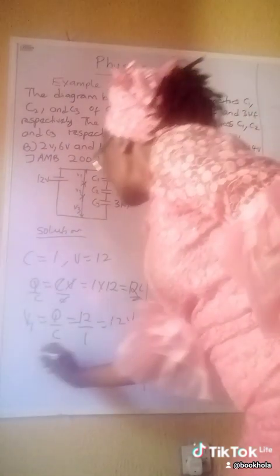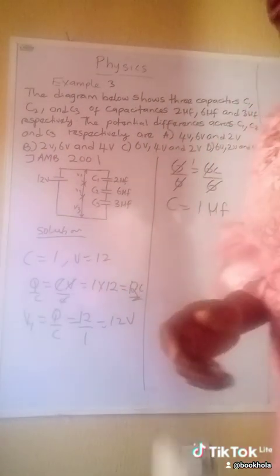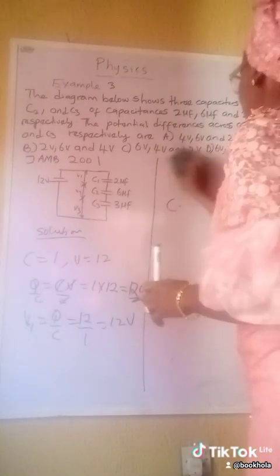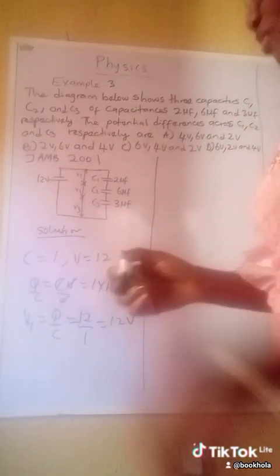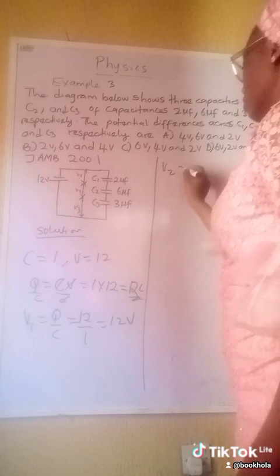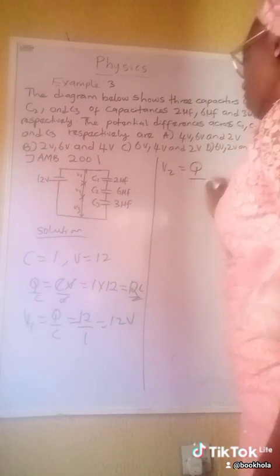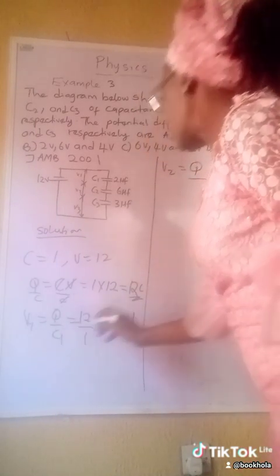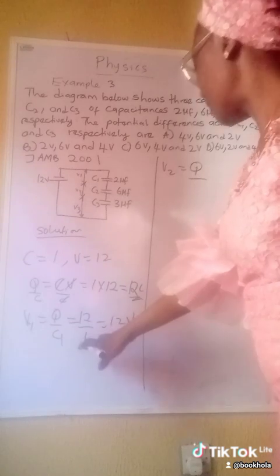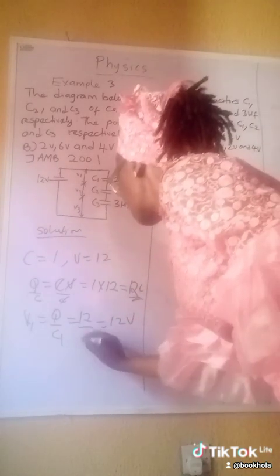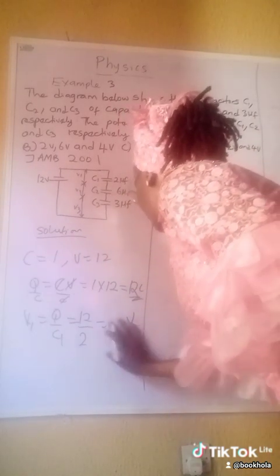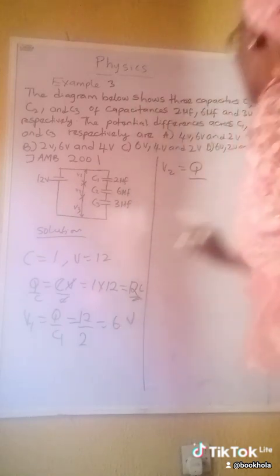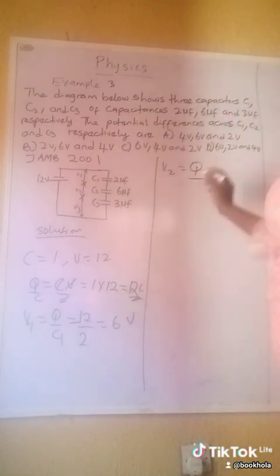Then V2 will be equal to Q all over what? I mean, this is C1. I hope I didn't mix things up. Yeah, I mixed things up. This will be 2. So we have 6, right? So V2 is going to be Q all over C2.